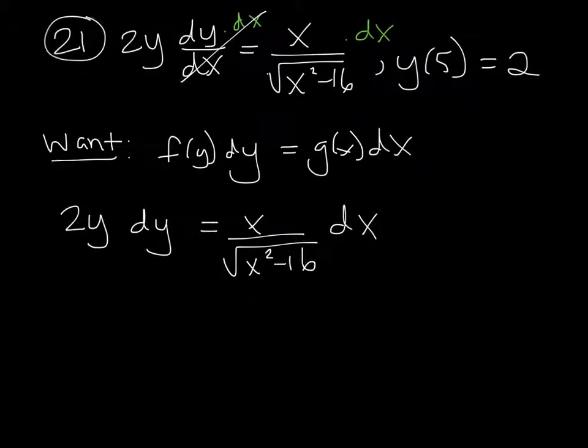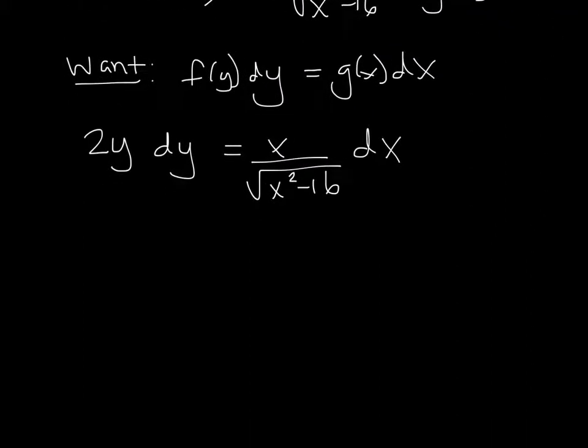And so again, the goal is to try to separate our variables. We're pretty much done with separating the variables, because we have a function f of y dy and a g of x dx. So we can start integrating.